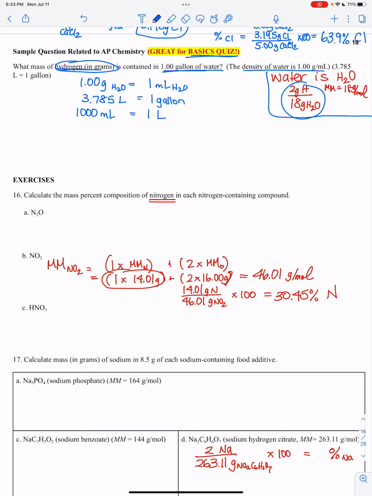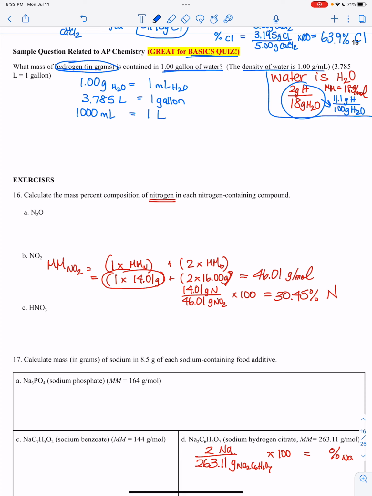I could use it as a conversion factor, or if I were to convert that to a percentage, I would say 2 grams divided by 18, so 2 divided by 18, that's 11%. So I could say 11.1 grams of hydrogen for every 100 grams of H2O. It's the same thing. Prove that to yourself.